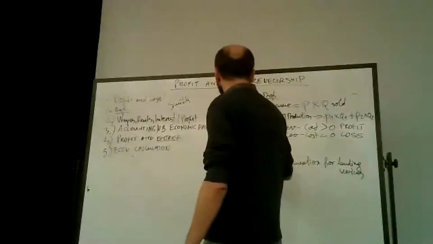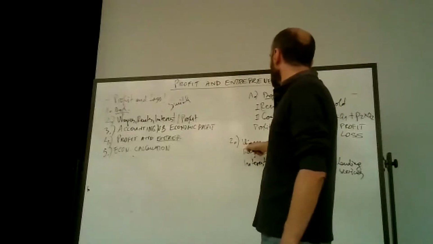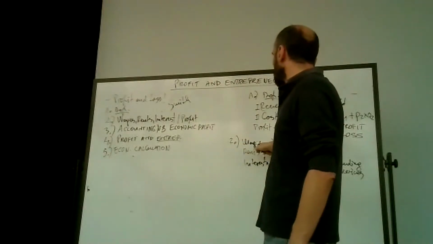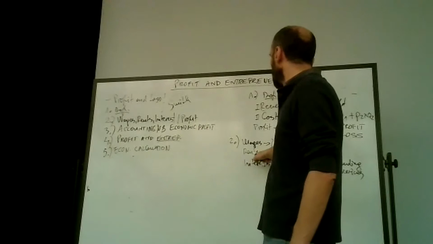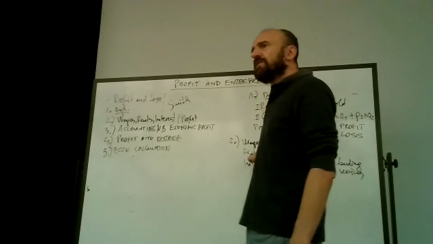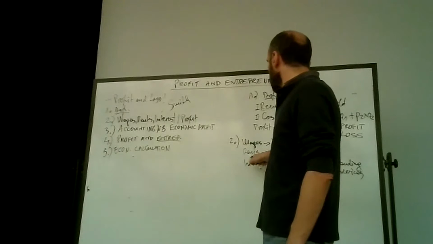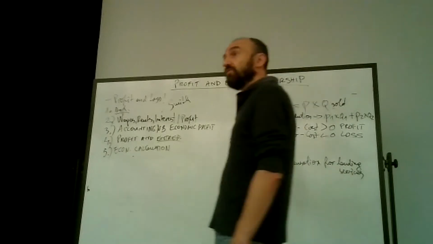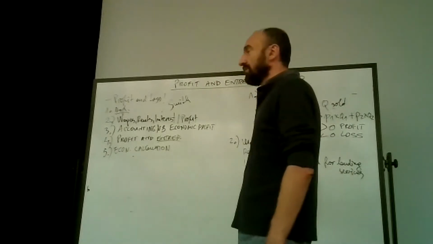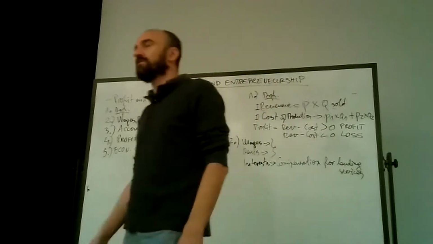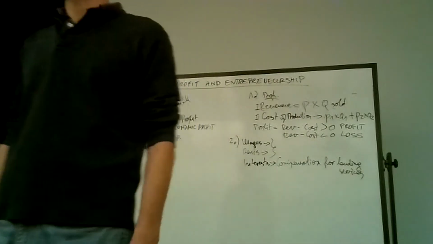So we usually say that wages are incomes of workers, rents are incomes of rentiers, people who just lend their stuff to other people, and interest is an income of investors or savers or lenders.